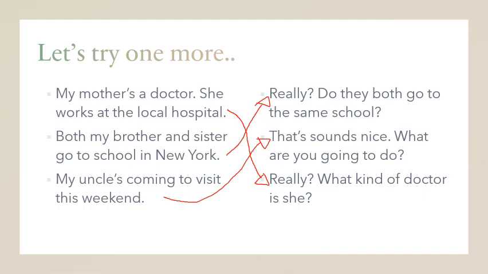Either one of you is saying a statement, or the other one is asking a question. If you combine the questions and the statements, you can create a conversation. Do you understand, class? All right, I hope you have understood.